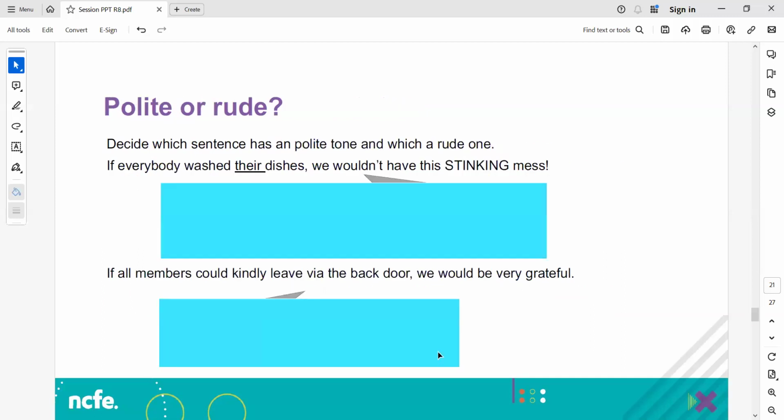So which one is polite, which one is rude? If everybody washed their dishes, we wouldn't have this stinking mess. If all members could kindly leave via the back door, we would be very grateful.